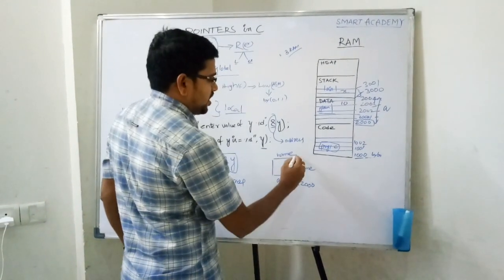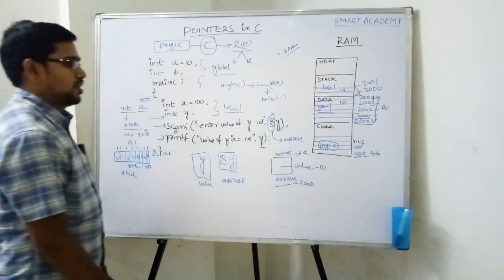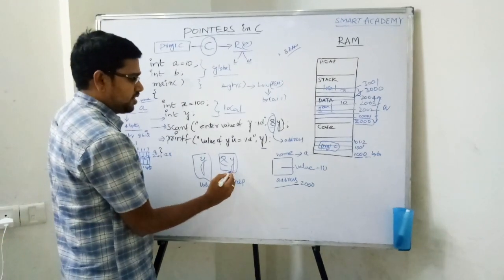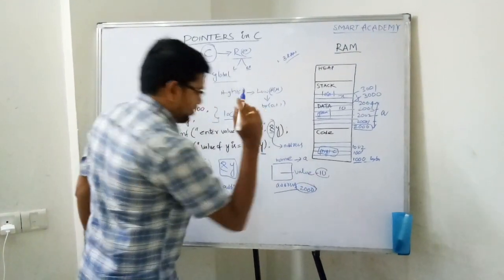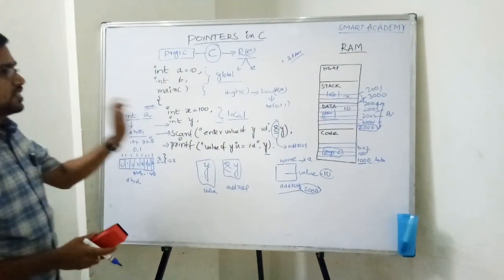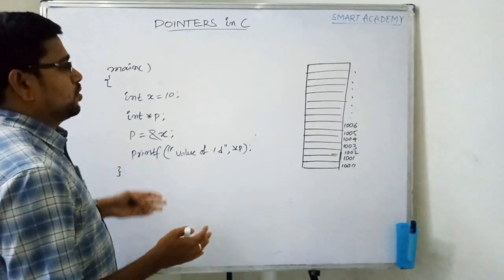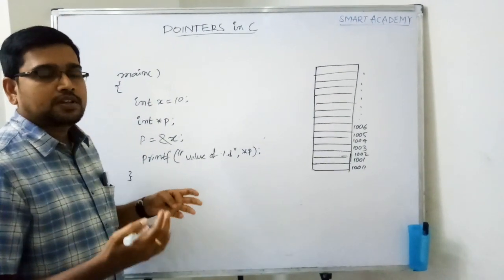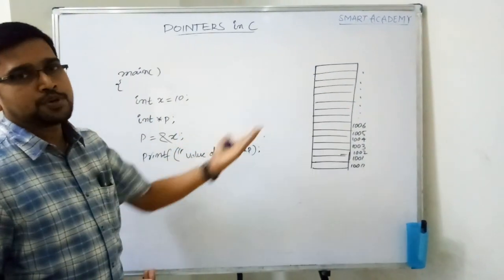Name, A, value 10, something like that. Okay? So if I say ampersand, it means address 2000. If I say y, it means 10, the value. So that is the significance of ampersand and y. Okay. So far we have seen the notion of variable and how variable gets stored in the computer.